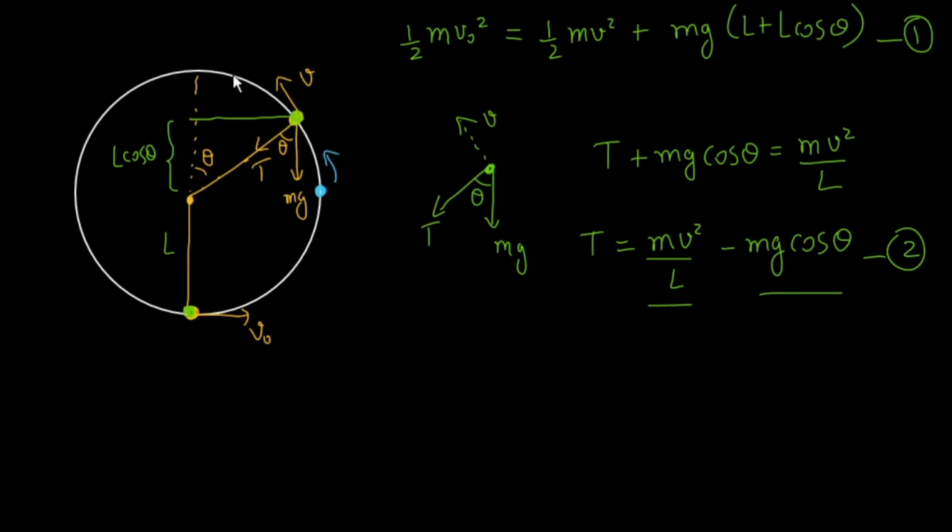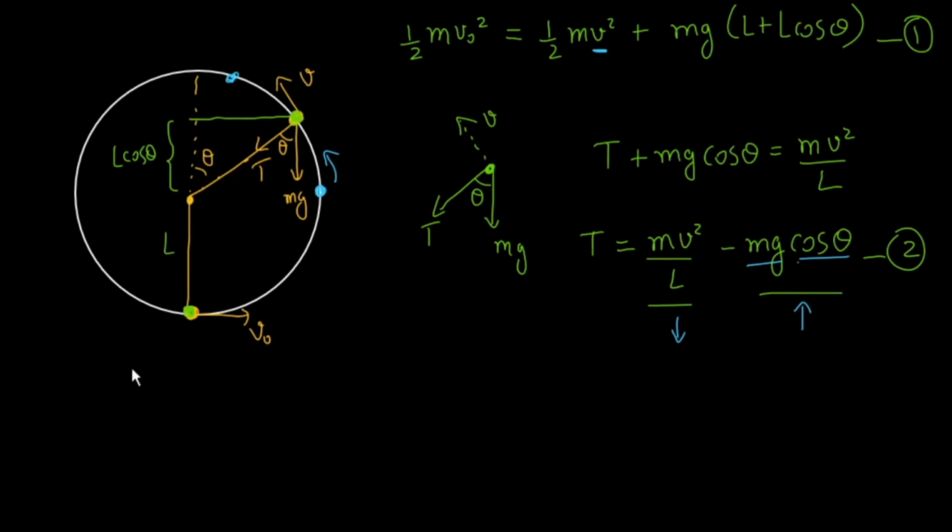And as and when you move up, your theta keeps on decreasing. So because your theta keeps on decreasing, my mg cos theta keeps on increasing, because mg is constant and cos theta increases on decreasing theta. So my mg cos theta is increasing, while my speed, from this equation you can say, is constantly decreasing. So that means this whole term is decreasing and this whole term is increasing.